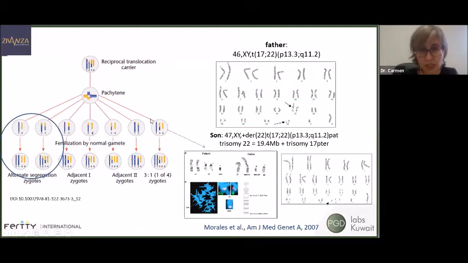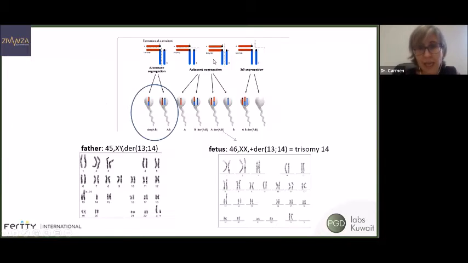In that case, this man produced this kind of sperm that after fertilization gave this karyotype in the son. The son has this extra chromosome that is this one here from the father. So this boy is unbalanced and had intellectual disabilities.